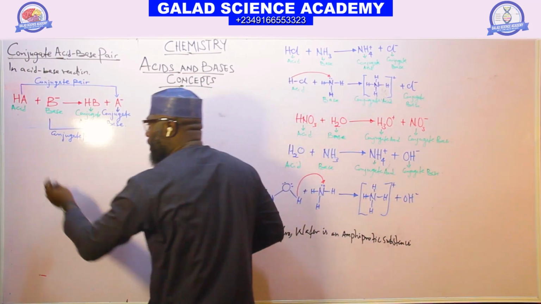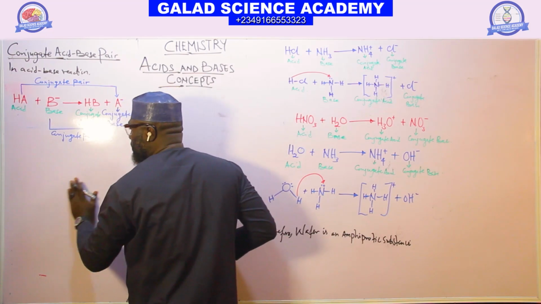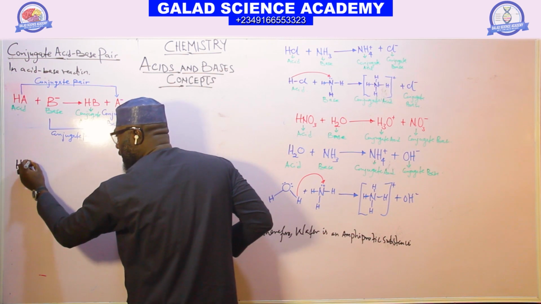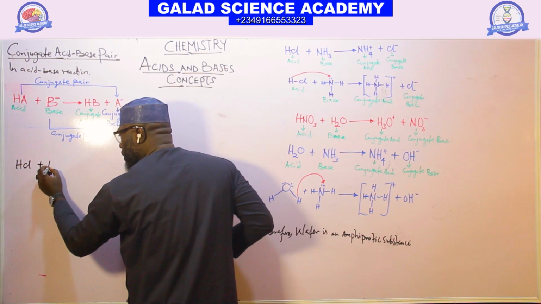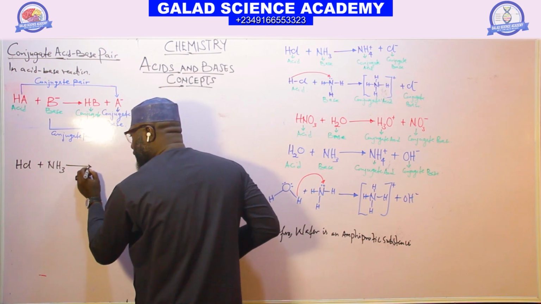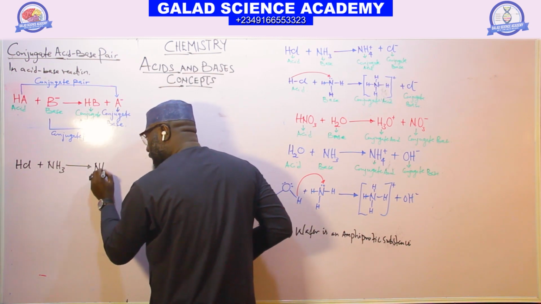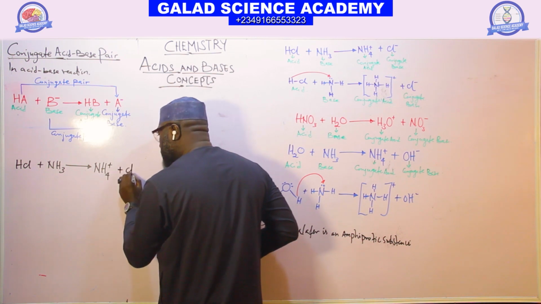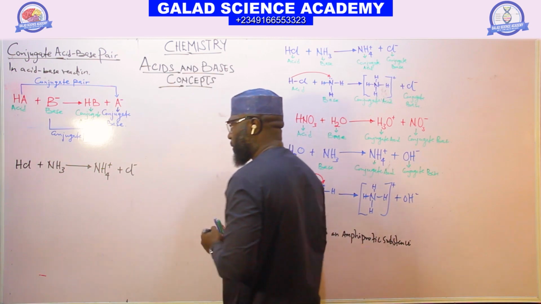Let us look at it now. If we have a reaction of HCl plus NH3, it gives us NH4 plus Cl minus.